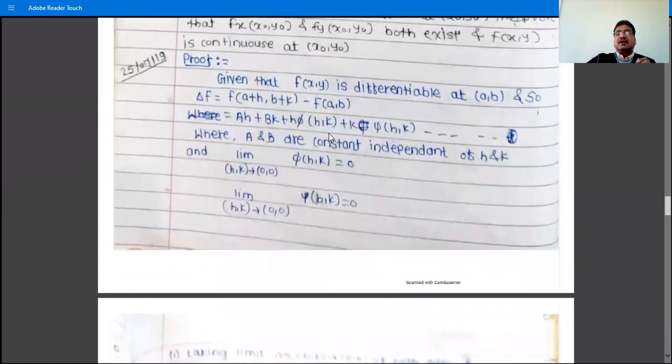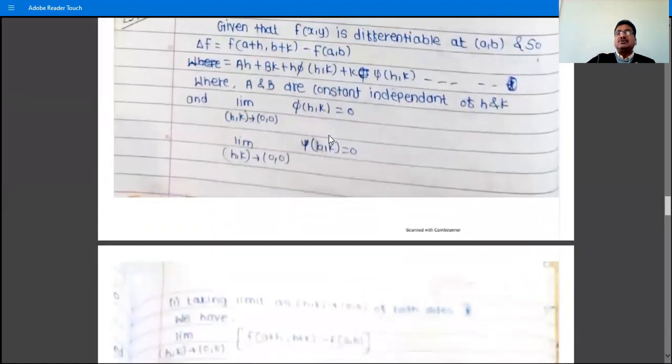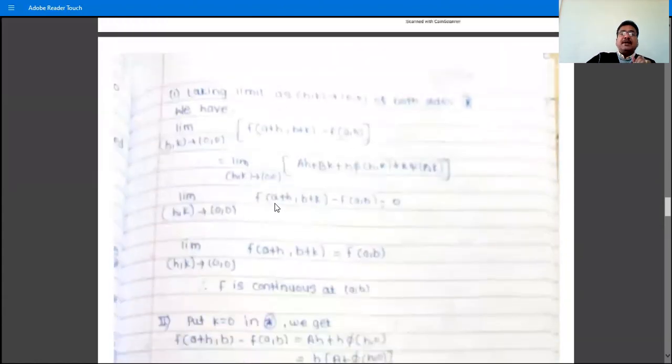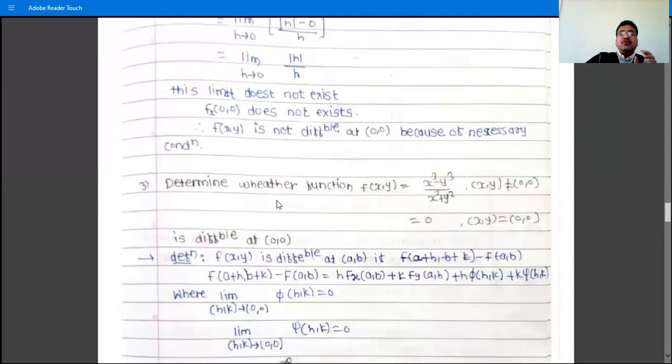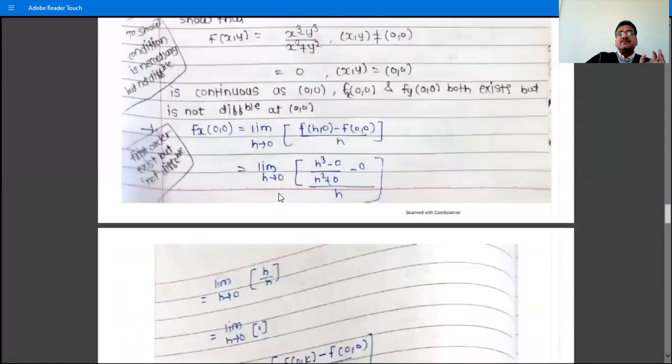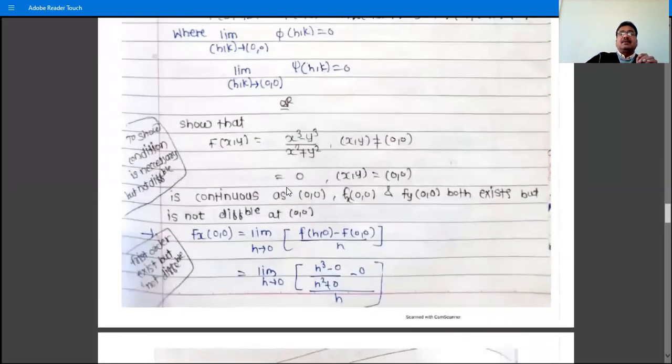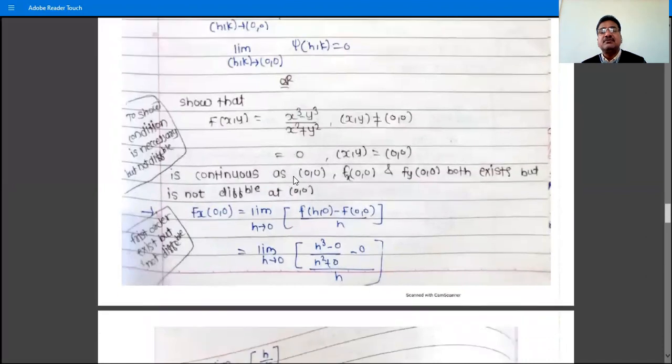That is, assume that the function is differentiable at (0,0) or at (a,b), use the definition and obtain the contradiction, the absurd sentence.